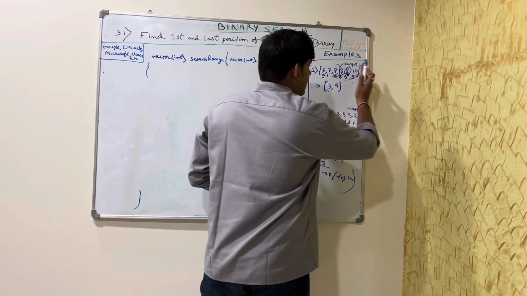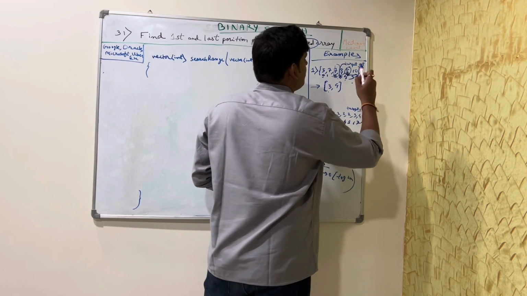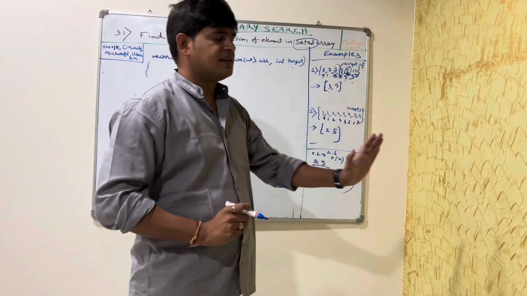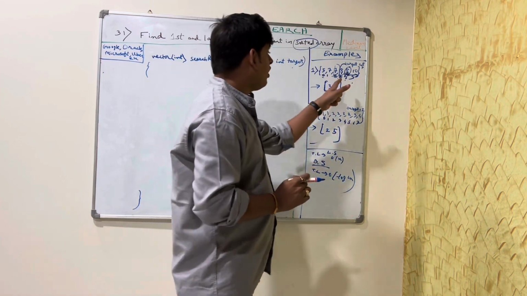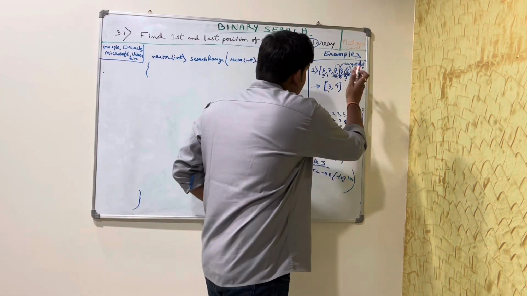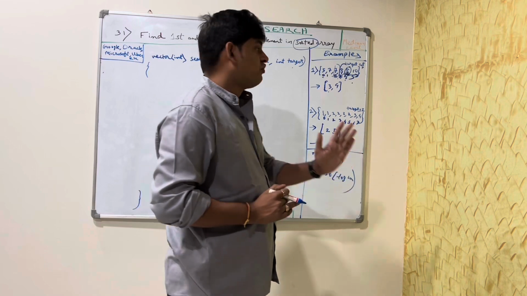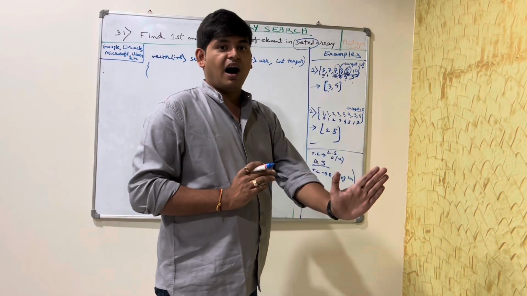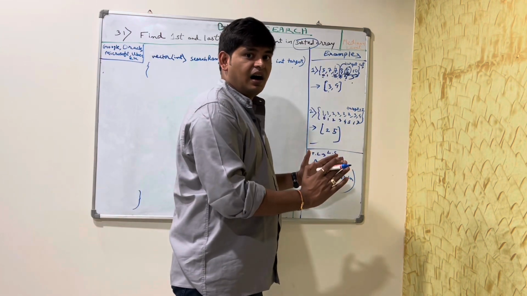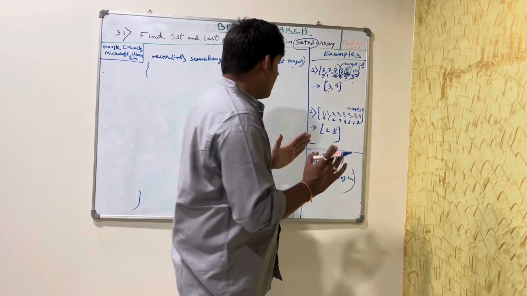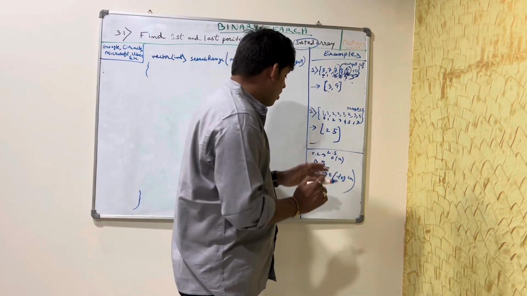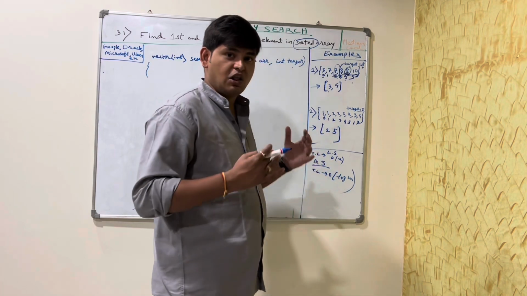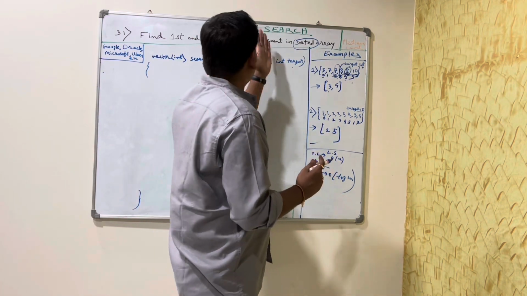We will eliminate the rightmost part because the rightmost part will obviously be greater than this, but the leftmost part will either be less than this or equal to this. So we have eliminated half of the search space again. Every time we are eliminating half of the search space, so our time complexity is log n. That is the basic of binary search.